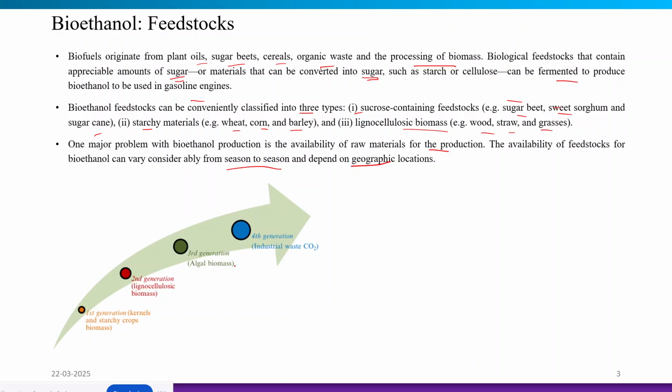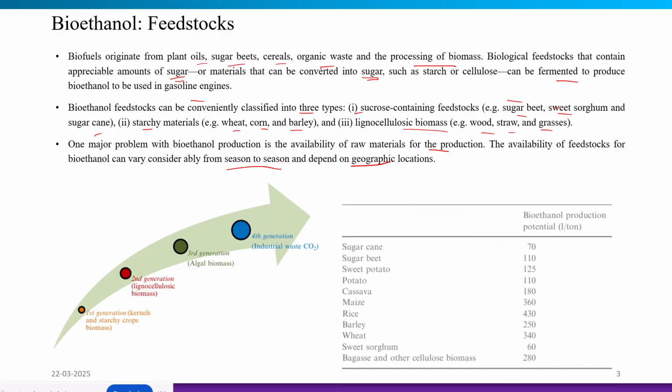Third generation is algal biomass, and fourth generation is some sort of industrial waste, or you can say waste gas stream from the industrial output. Okay, so these are the four types of biomass feedstock depending on their generation and evolution. We will be discussing them in the further slides.